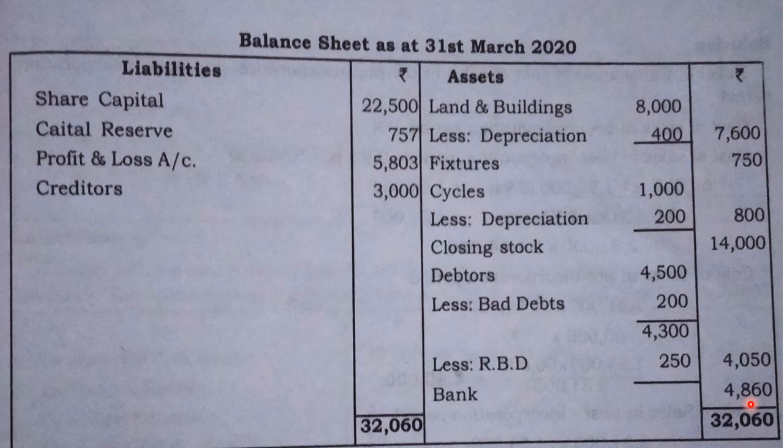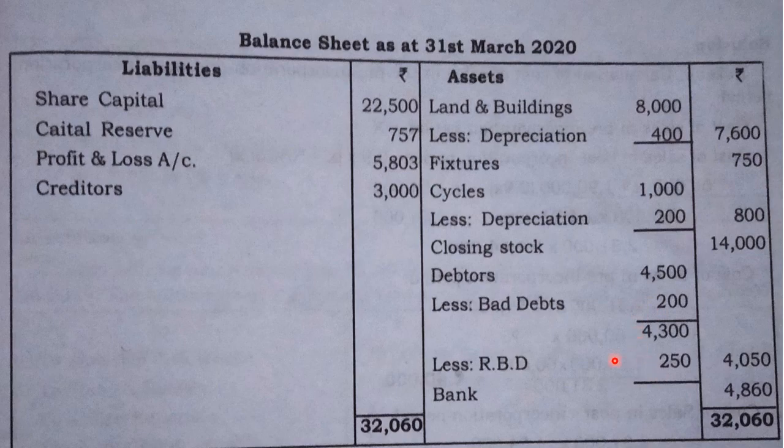Next item, share capital. We recorded land and building, fixtures is done, cycles is done, right? Next, debtors and creditors. So now you write debtors. Write the amount in the inner column because we have two adjustments on that, adjustment number 2 as well as adjustment number 4. You deduct both figures. Less bad debts 200, less RBD, that is provision for doubtful debts, 250.